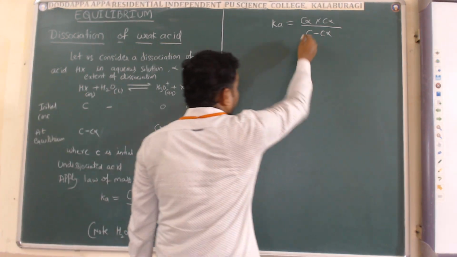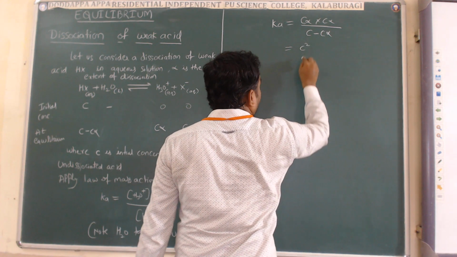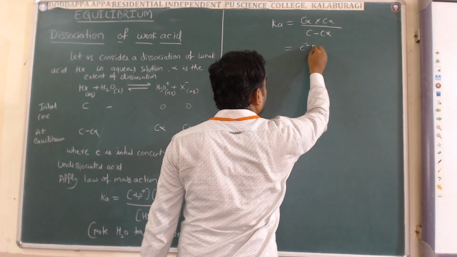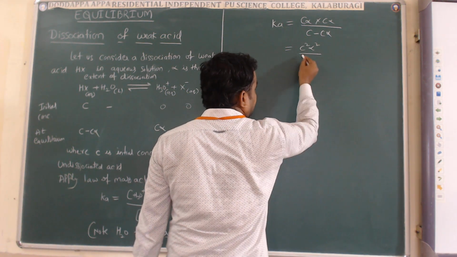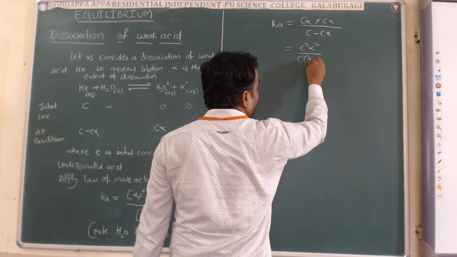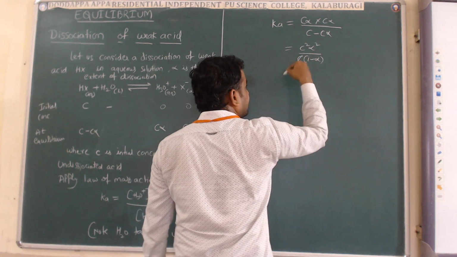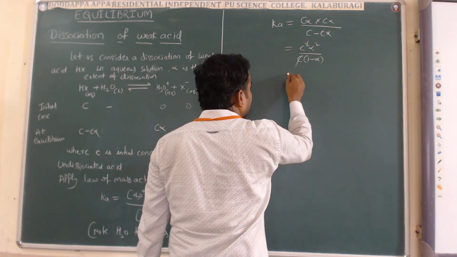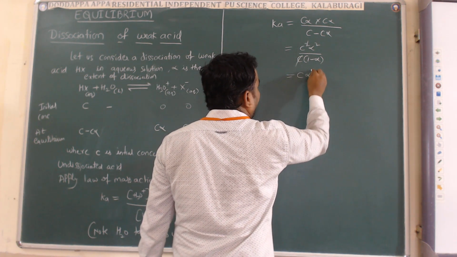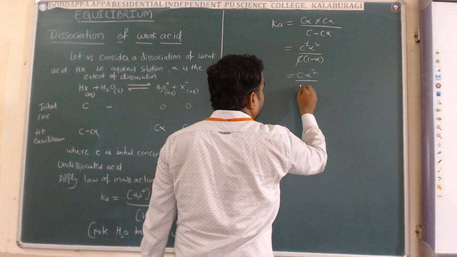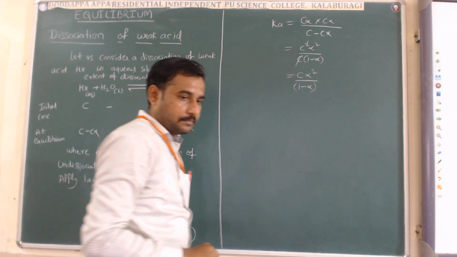When you multiply, it becomes C square alpha square divided by C into 1 minus alpha, if I take the common factor. The C cancels out, so we get C alpha square divided by 1 minus alpha.